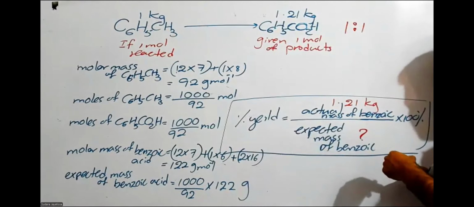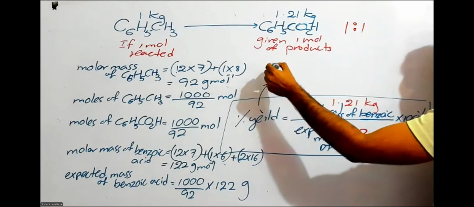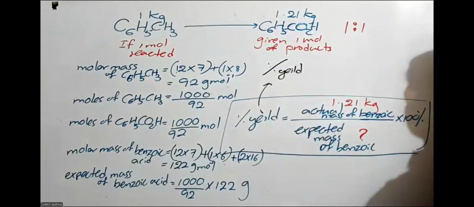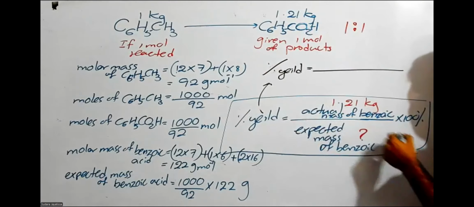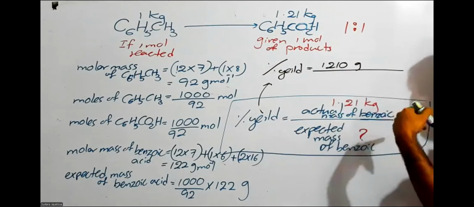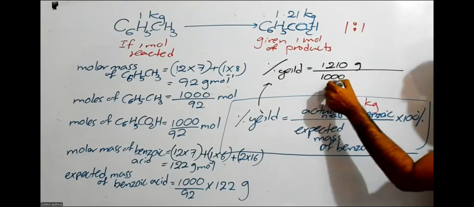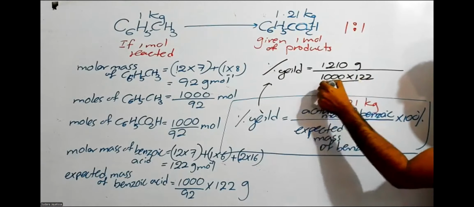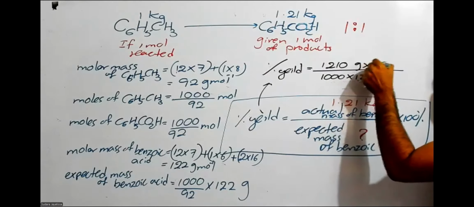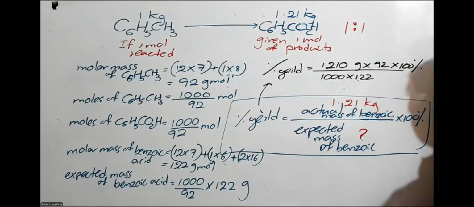Now let's find the percentage yield using the formula. The actual mass is 1210 grams, and the expected is 1000 into 122 over 92. So the 92 goes above, into 100%. Simplify this one.